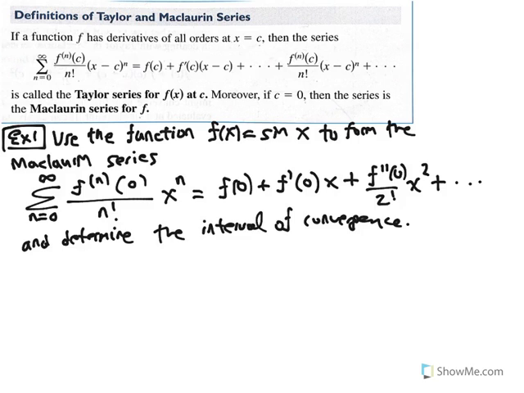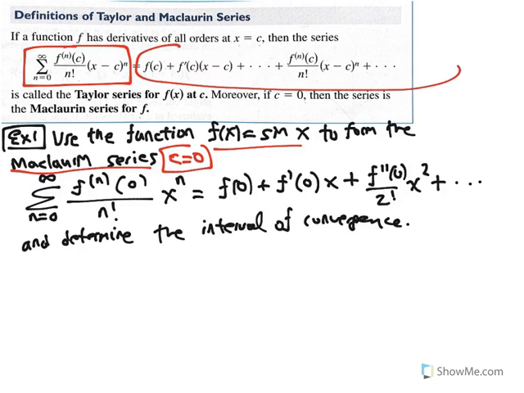So here we look at example 1. It states, use the function f of x equals sine x to form the Maclaurin series. So we know the center is 0. Again, we're just looking at the definition of Taylor and Maclaurin series with the center c being at 0.